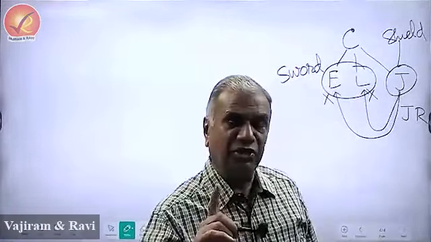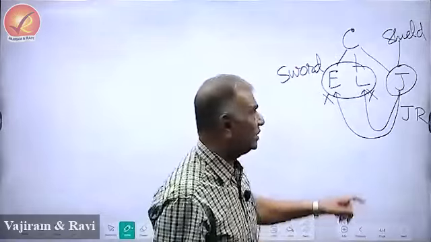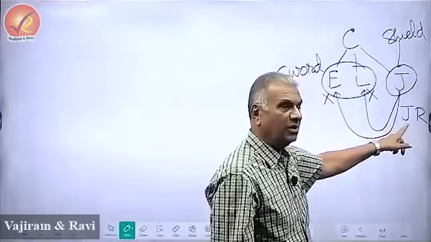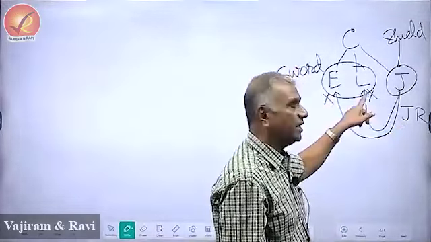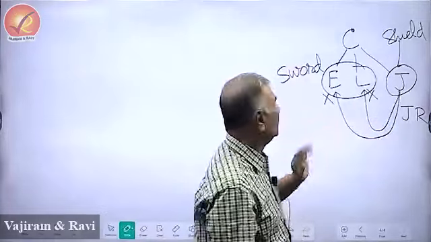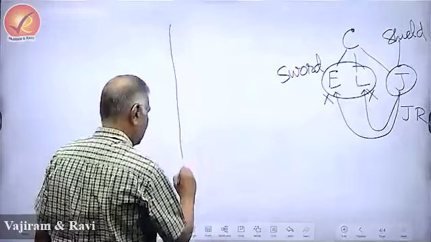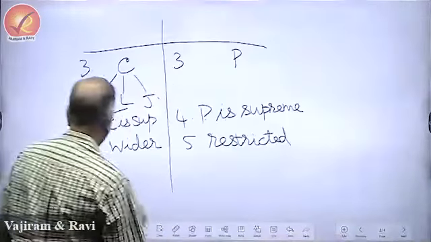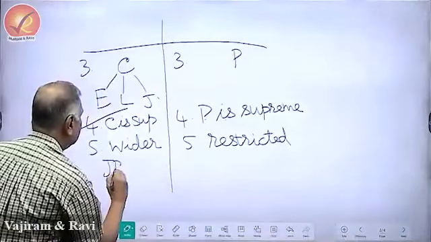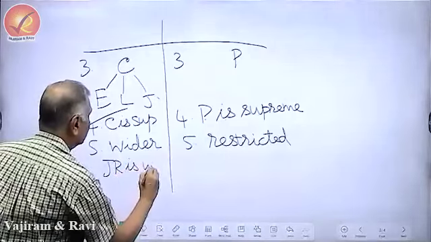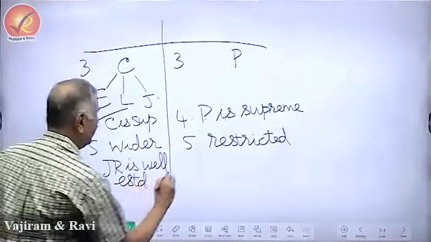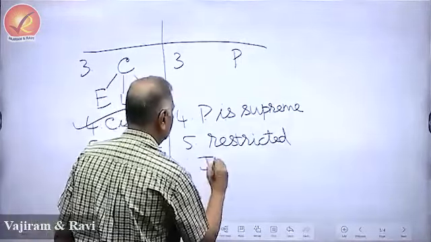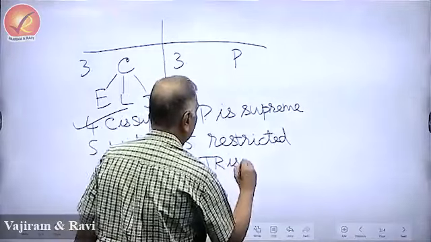The judiciary enjoys restricted powers where judicial review is available only against the executive action but not against the legislative action. So because of this, there judicial review is well established, whereas here judicial review is partially established.